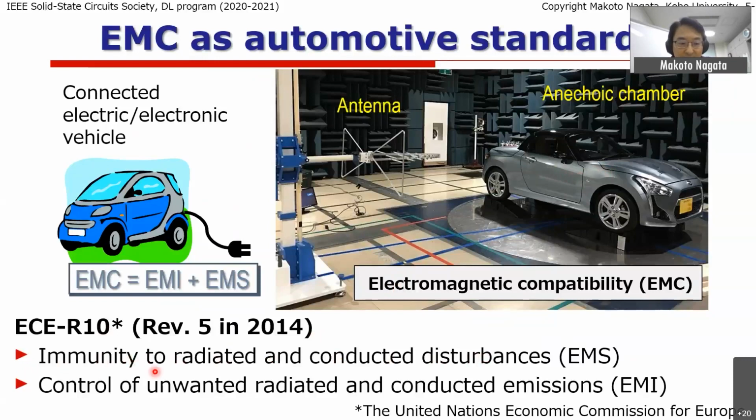And at the same time, what kind of EM radiation will come from the car. Sometimes we call it EM interference, EMI. So both EMI and EMS are the two sides of the problems in EMC. So I think this is the image.